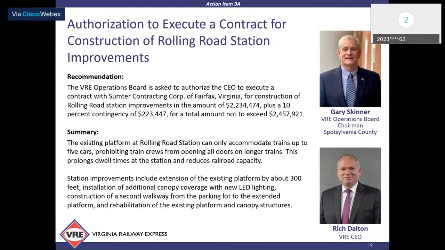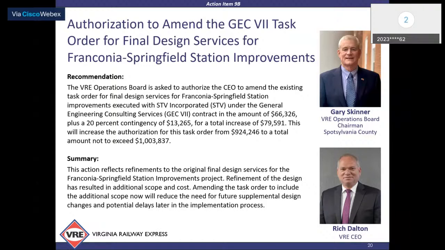Thank you very much. Moving on to 9B, authorization to amend the GEC 7 task order for the final design services for the Franconia-Springfield station improvements. Rich, will you present it, please? Thank you, Mr. Chair. We're seeking authorization to amend the existing task order for final design services for the Franconia-Springfield station improvements with STV Incorporated under the GEC 7 contract in the amount plus a contingency stated in the resolution for a total amount for this task order not to exceed $1,003,837.